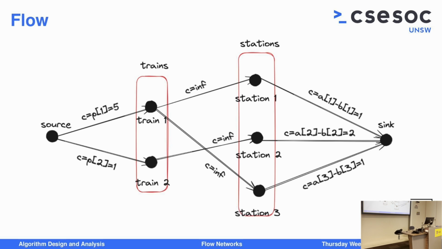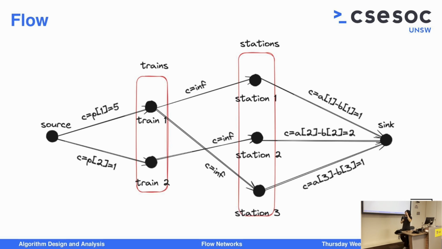Imagine we connected train 2 only to station 3, and train 2 was not connected to station 2, and we made this capacity, A3 minus B3, equal to 1. Imagine we send 1 through here. Seems to work. That wasn't the case I was worried about, but that seems to work.